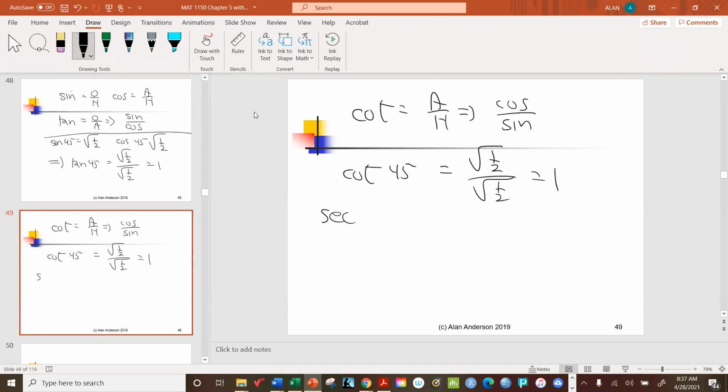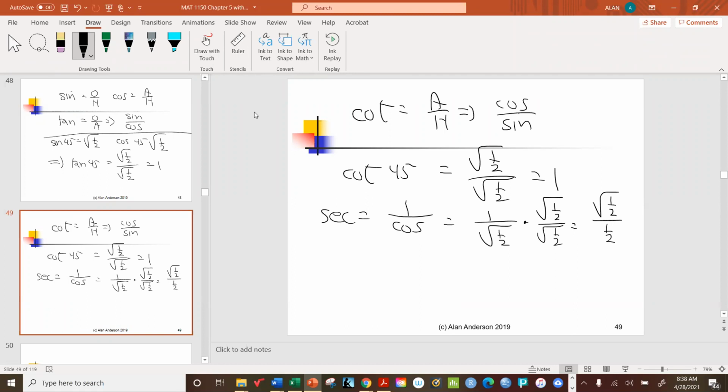The secant is 1 over cosine. Now, this is a case when you really want to clean it up. This is quite a mess, I must say. So why don't we do this? So this in turn is 2 times radical 1/2.